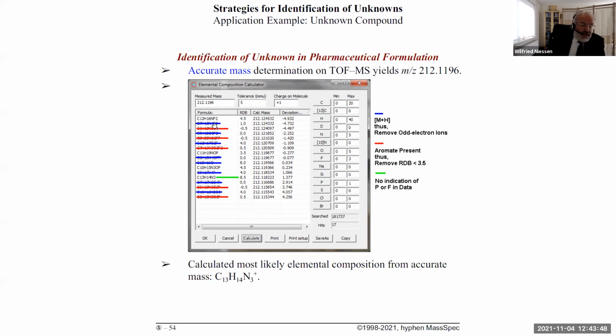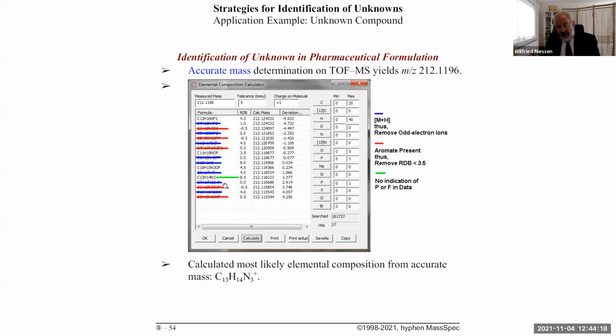In the MSMS data, I didn't see any indication for presence of fluorine or phosphor, but that's not necessarily something which is there. So what I start doing now is basically I take these elemental compositions for these ions. I take off the hydrogen. So I move from the protonated molecule to the molecule.